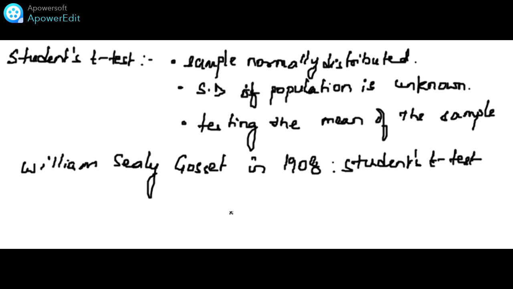So he invented Student's t-test, and the main thing is that the sample must be normally distributed. The normal distribution is used for tests involving the means of samples with a size greater than 30, that is, when n is greater than 30.